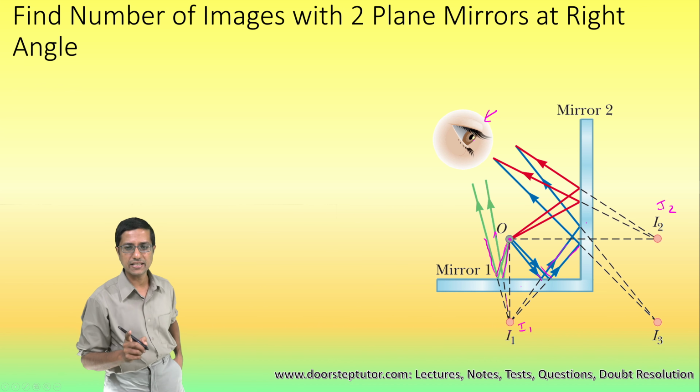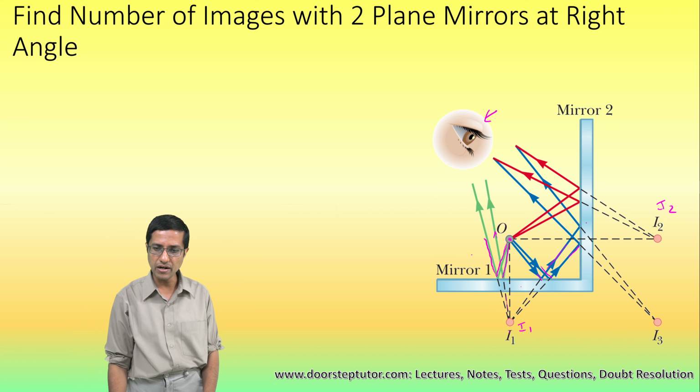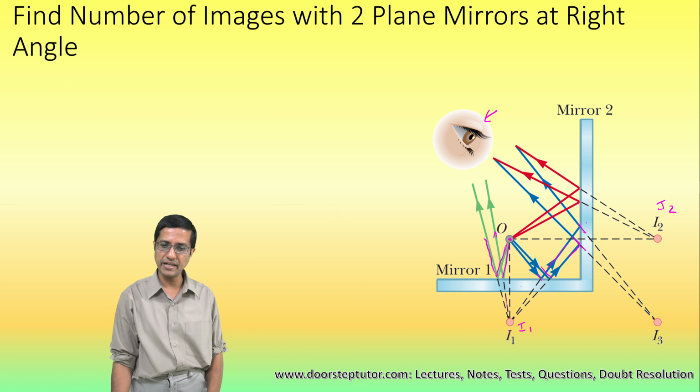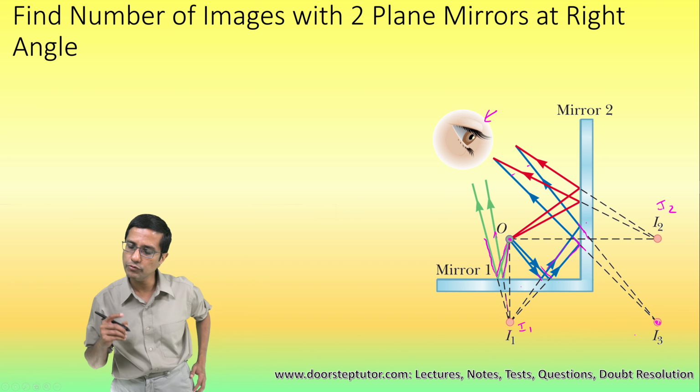In that case, there is a third image which would be formed, at a point where we will use our same technique. We will retrace the final rays, the blue ones, back, and the point at which they meet, this I3, would be our third image.